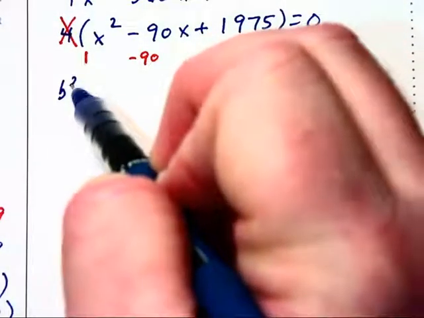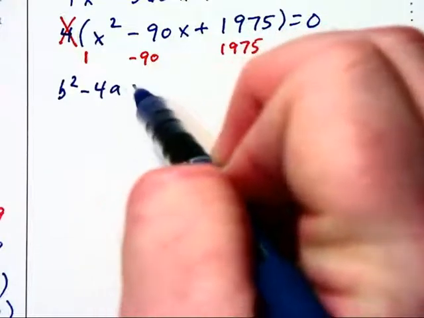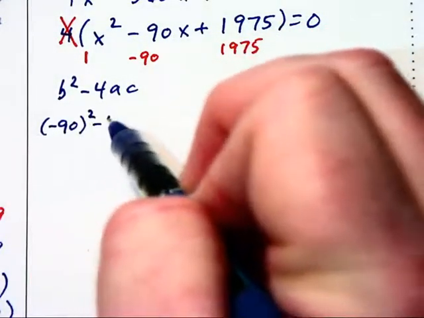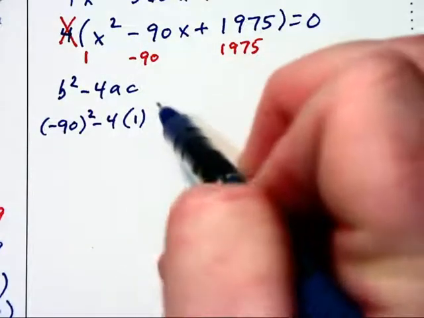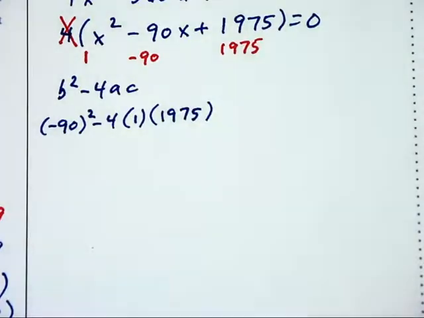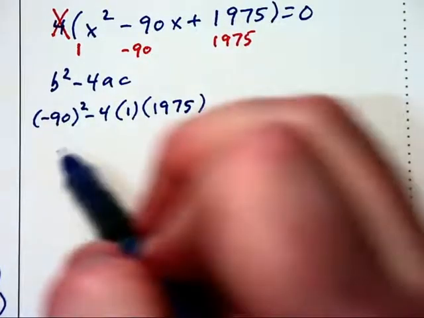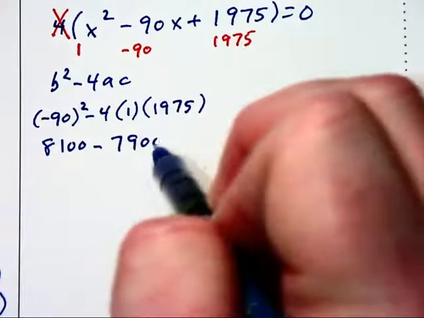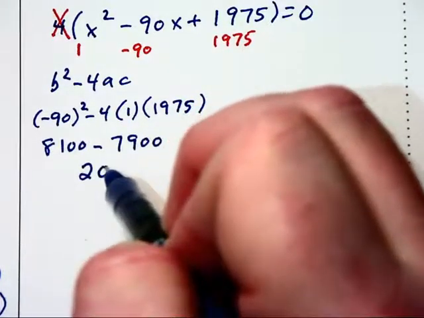When I look at the discriminant b squared minus 4ac, I'm going to have negative 90 squared minus 4 times 1 times 1975. This gives us 8,100 minus 7,900, which subtracts to 200.